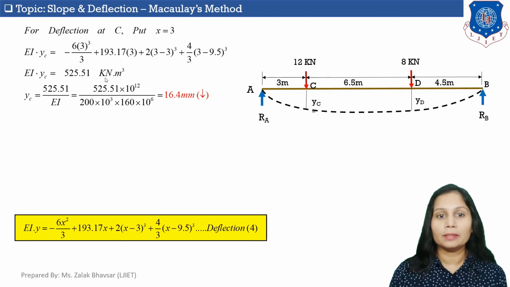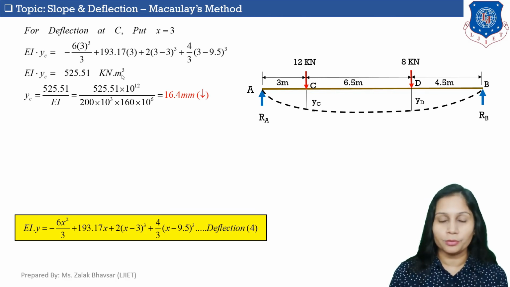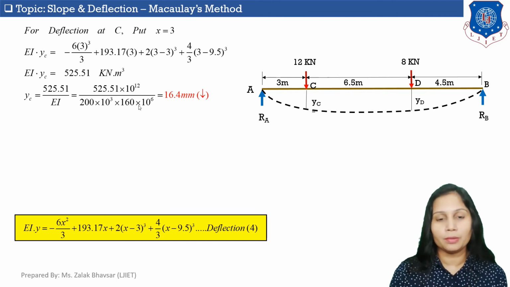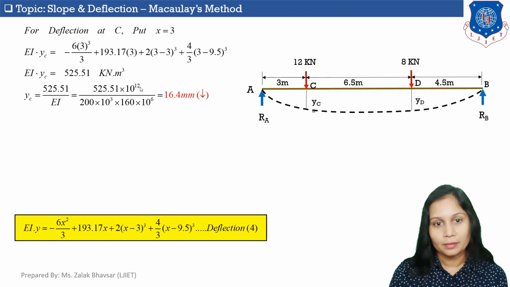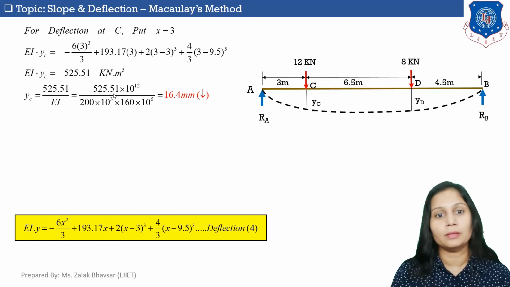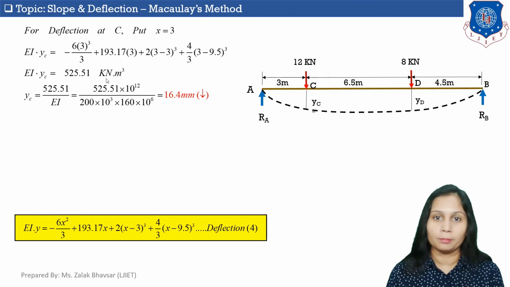Now I am converting kilonewton into meter cube to Newton into mm cube. So I need to multiply 525.51 with 10 raised to 12, to get the unit in Newton into mm cube.